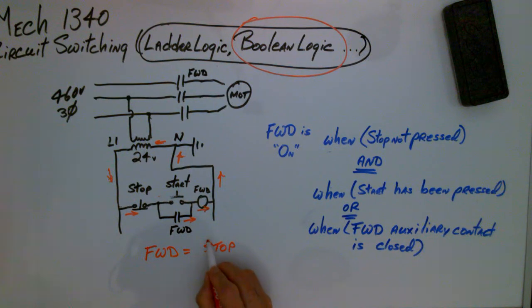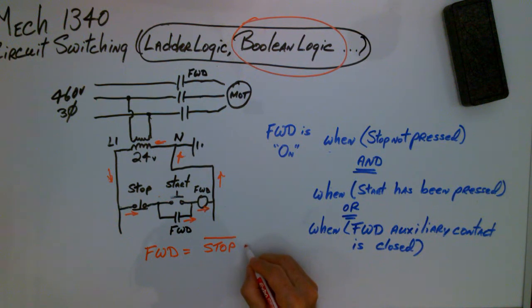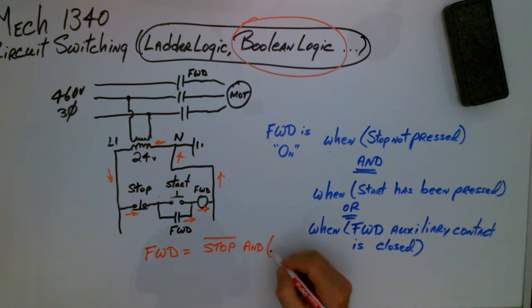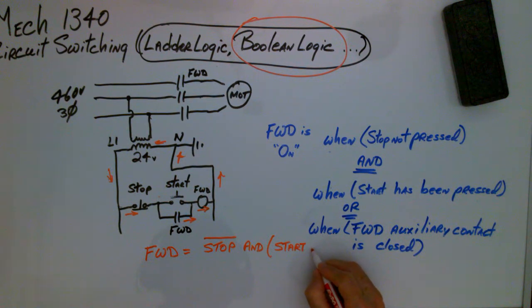Now then, I'm going to put a bar over the top of it, which means that I have not pushed the stop button. And put a parentheses here, start has been pushed, or the forward auxiliary contact, and I'll do auxiliary right here, has been closed.